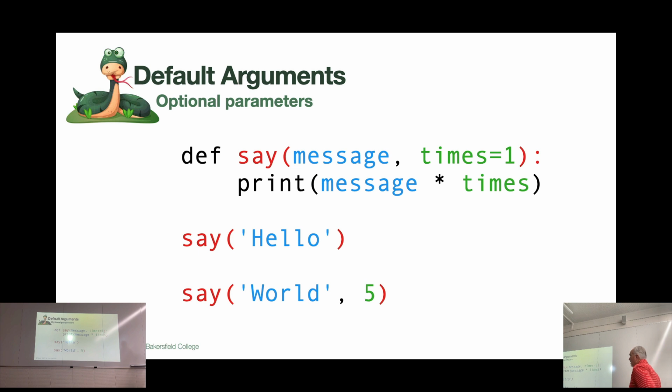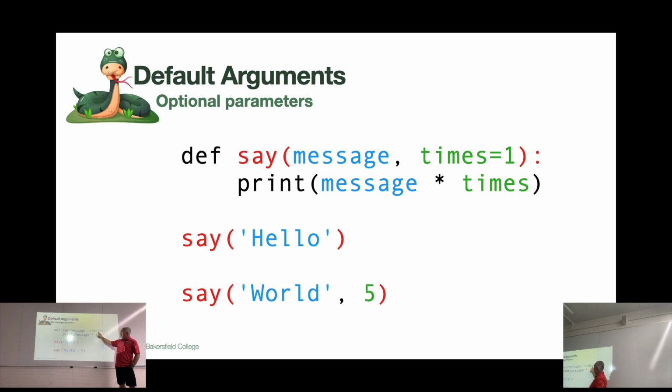So a default argument like this, or optional parameter, sometimes they're called, is when I create the function, not when I'm calling the function, but when I create the function, not only do I give it a variable name as a parameter, but I also put equals 1.